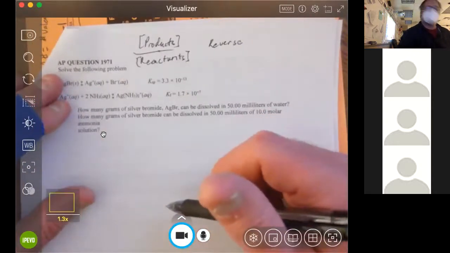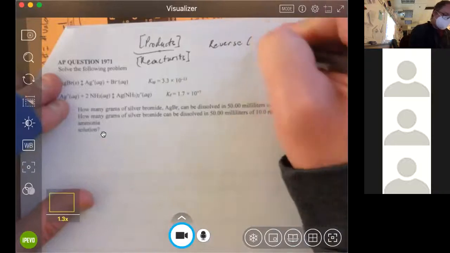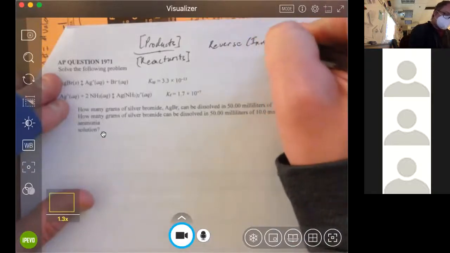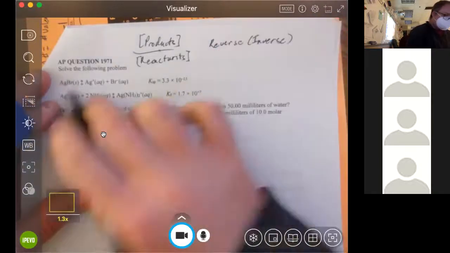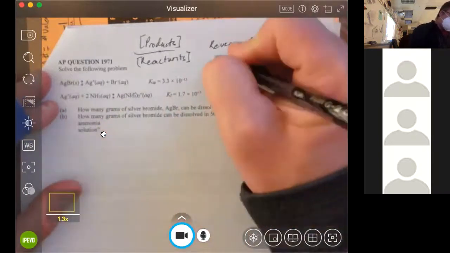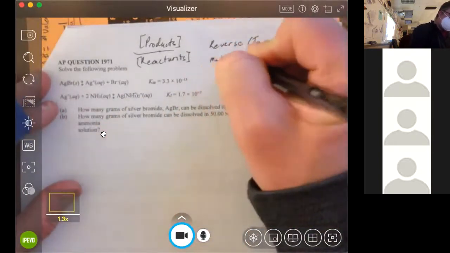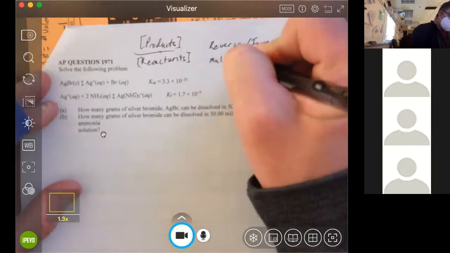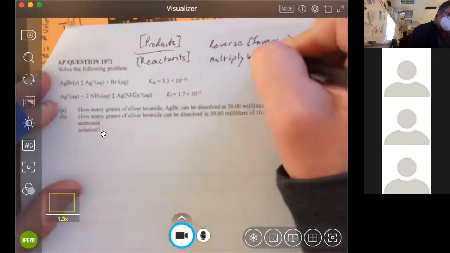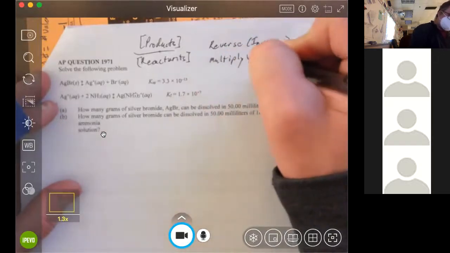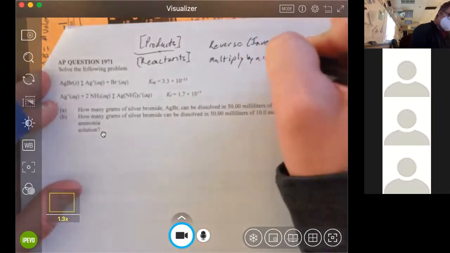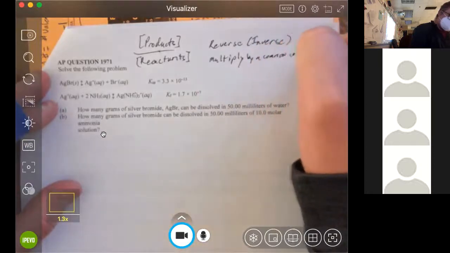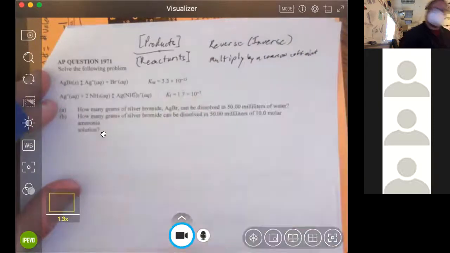You have to put 1 over it. Yeah, we inverse it, right? If we double the reaction, if we multiply the reaction by a common coefficient, what do we need to do to the K?